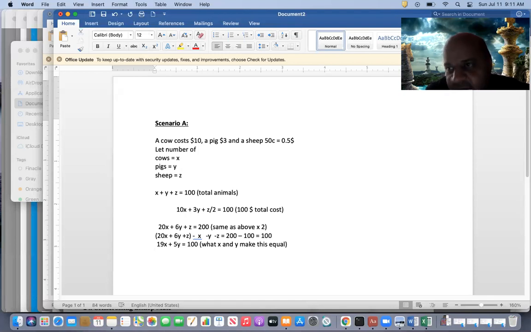So we cannot be having 0.75 animal or half an animal, 1/3 of a pig and 2/3 of a cow. All of that is not possible, right? We are only buying it in whole. Either you are buying one cow full or you are not buying one. So that is the Diophantine part of it. The solutions can only be integers, 1, 2, 3. But it can be even 0.